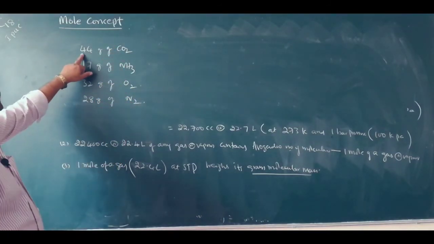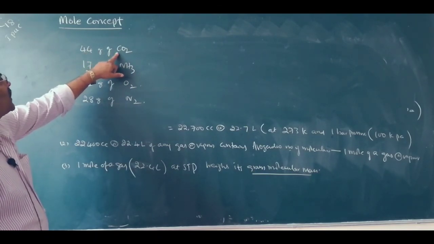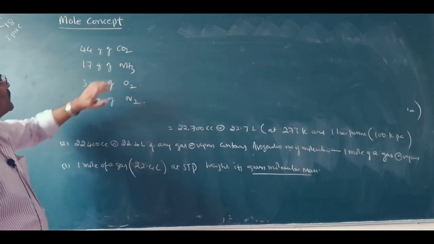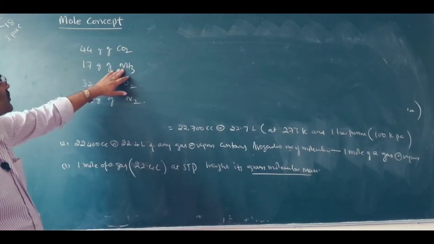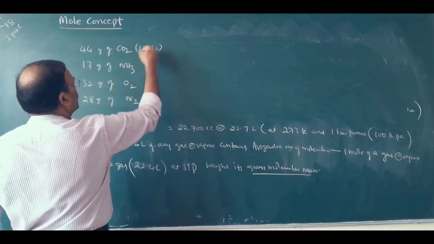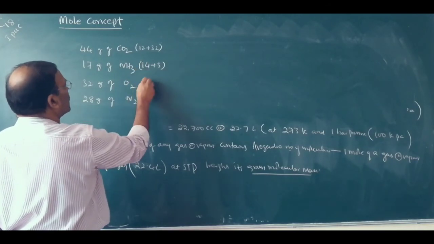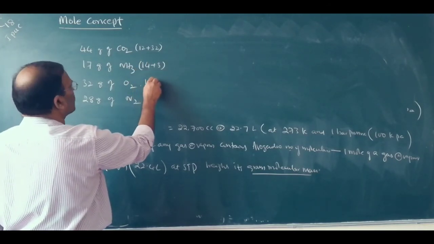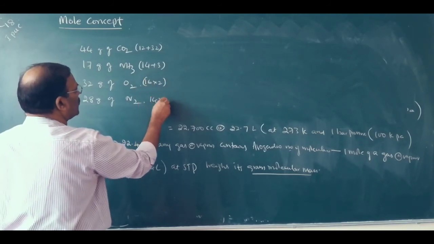What is 44? 44 is the molecular mass of carbon dioxide, 17 is the molecular mass of ammonia. So here it is 12 plus 32, here it is 14 plus 3, here it is 16 into 2, here it is 14 into 2.